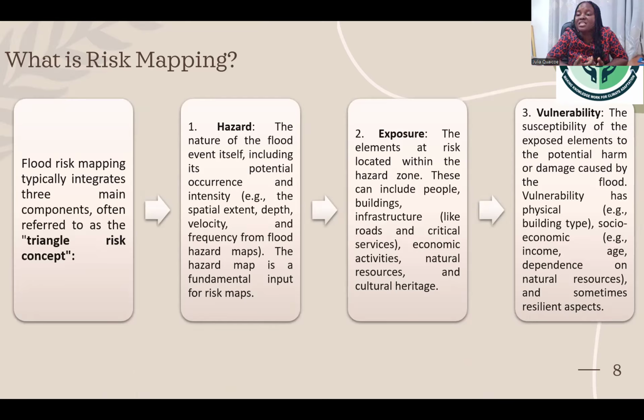If all these elements are within the area, then we can assess their level of vulnerability. They may be vulnerable, highly vulnerable, or less vulnerable.